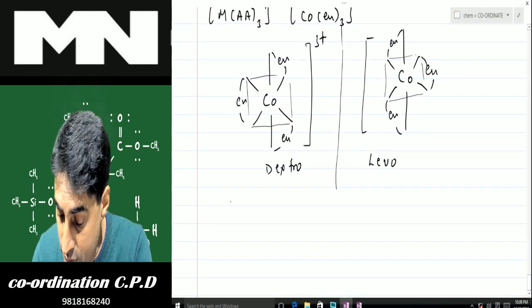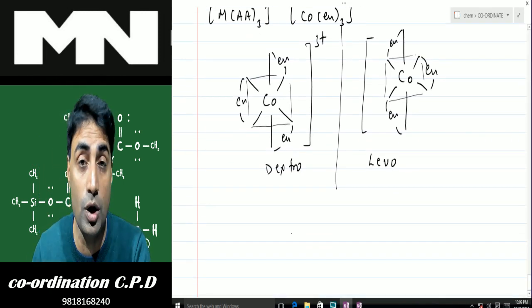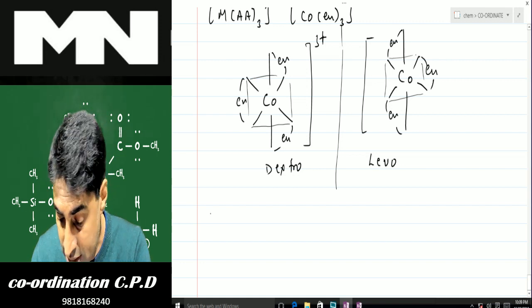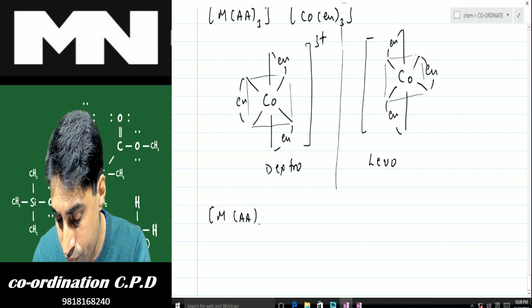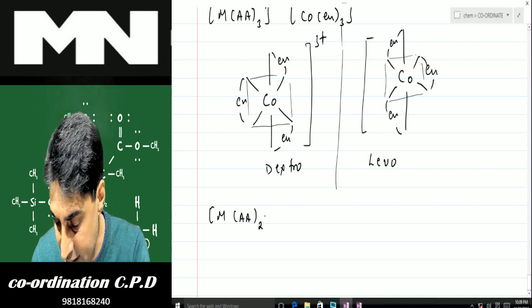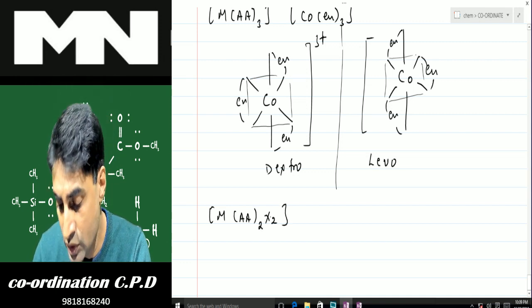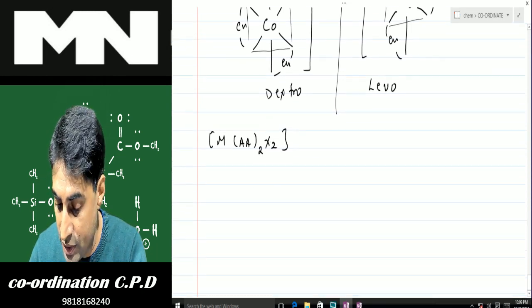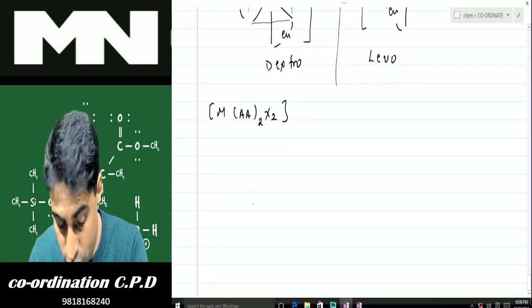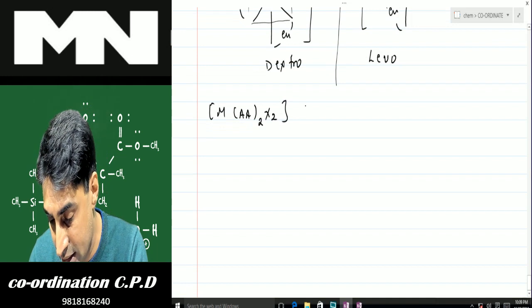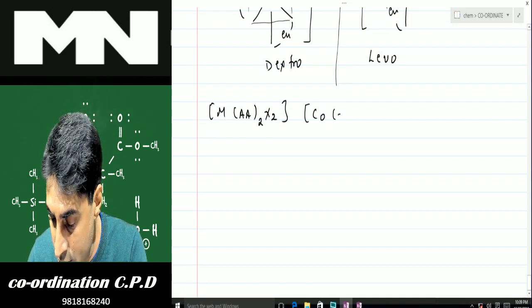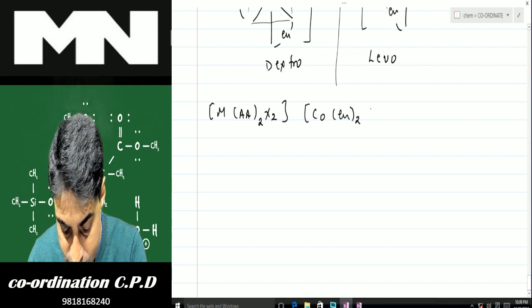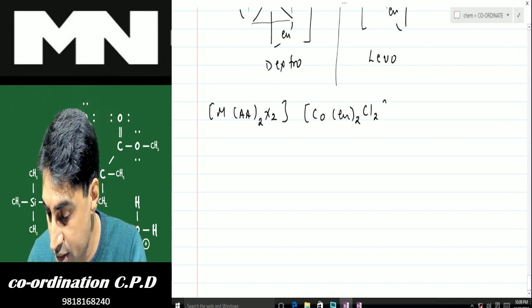The second type of compound in octahedral complex which can show optical isomerism can be of M(AA)2 and X2 type. We have already seen this type of compound. Suppose here I have, for that the example which I am giving you is Co(en) whole twice Cl2, single positive.